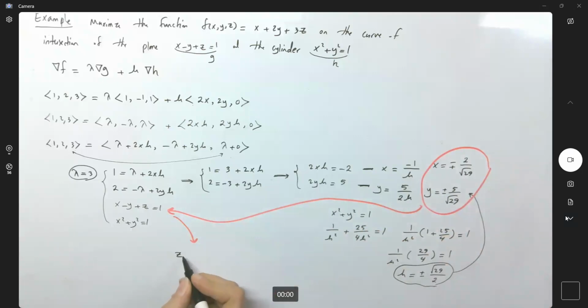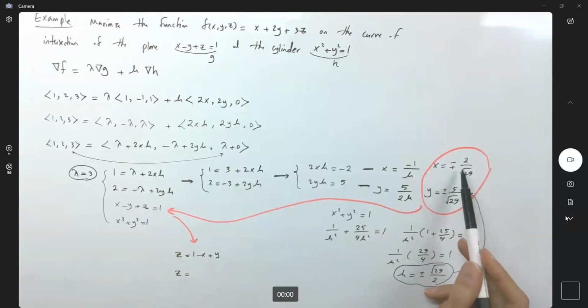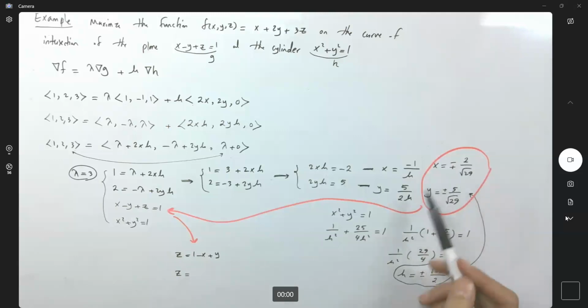So your z is equal to 1 minus x plus y, and by plugging different values here, if I plug in a negative number, and then a positive number, and different combinations that I have here, I get different values. 1 minus or plus, here you have 7 over square root of 29.